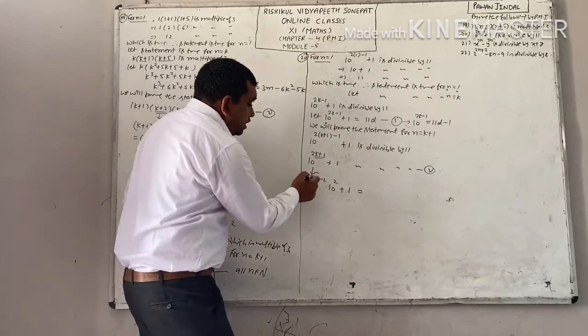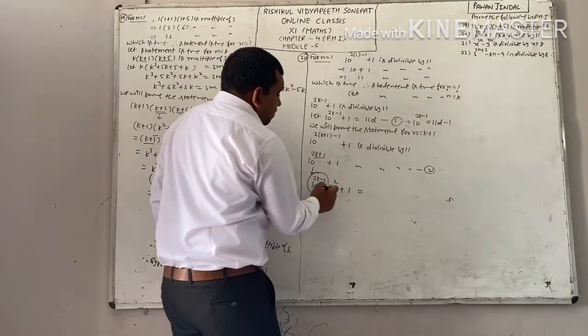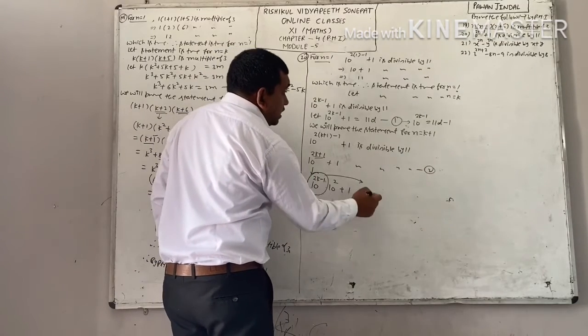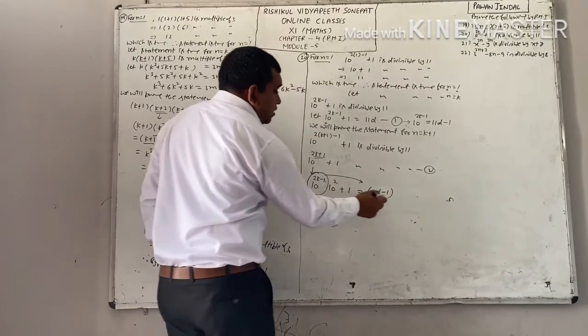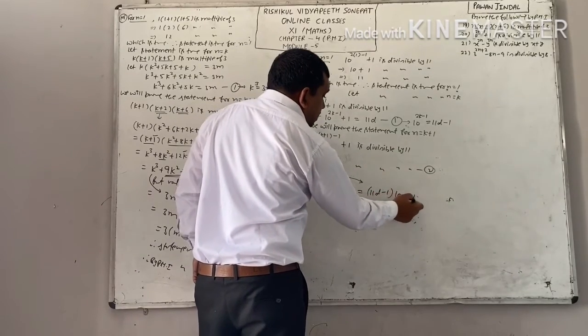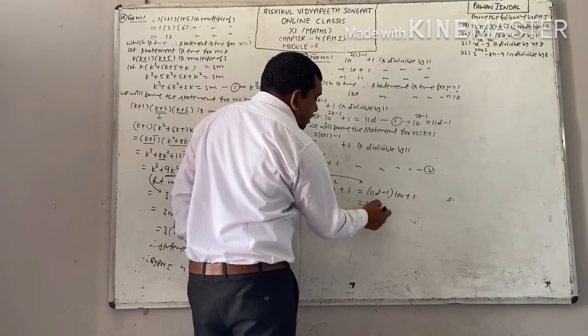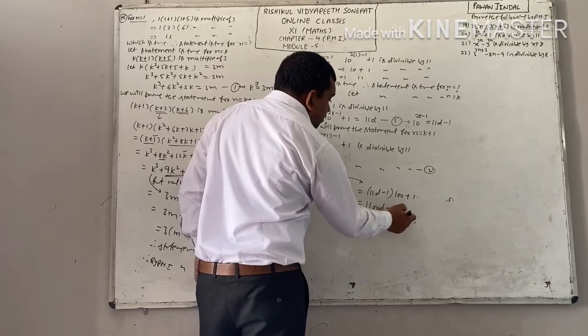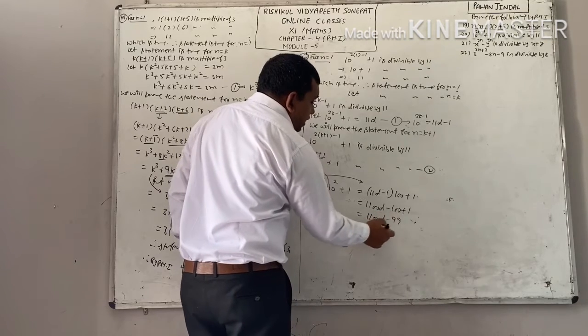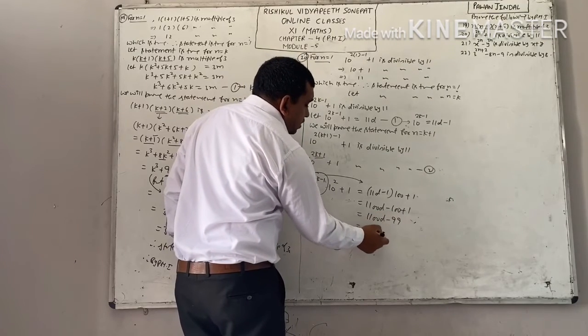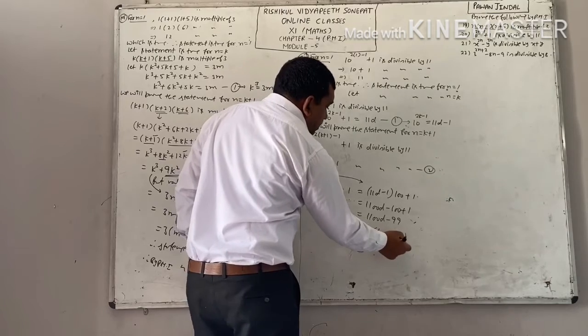We know the value of 10 raised to power 2k minus 1. Put it here. Value of 10 raised to power 2k minus 1 is 11d minus 1. Now this 10 raised to power k. This is equal to 100 plus 1. Open the bracket. 1100d minus 100 plus 1. So 1100d minus 99. 11 is common. This is your 100d minus 9.